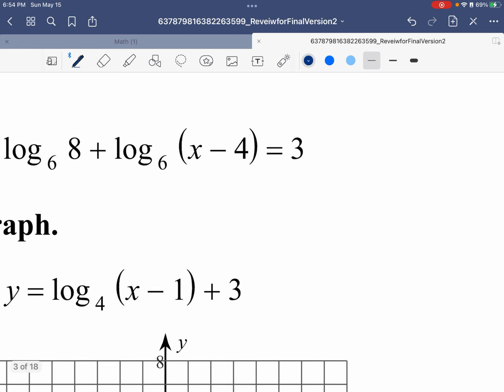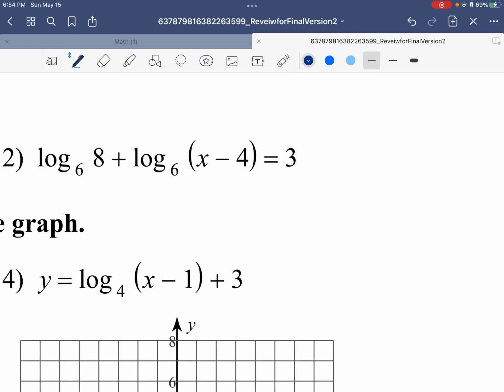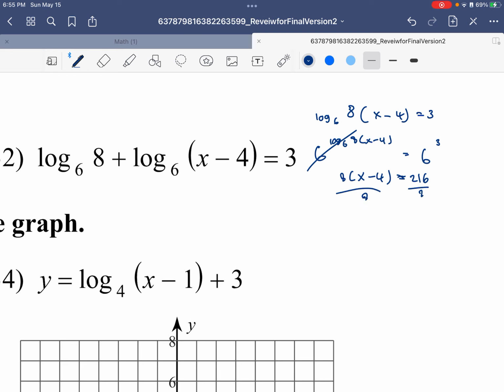So it's being added over here, so I'm going to condense it to log base 6 of 8x minus 4 equals 3, and then I'm going to set both sides to the base 6, because that will allow me to get rid of the log and be left with this, and 6 to the power of 3 is 216. And I'm going to divide both sides by 8.